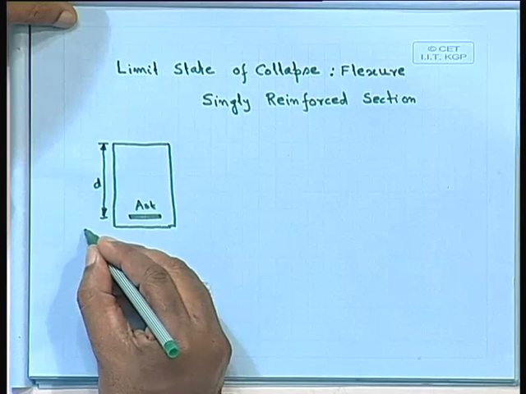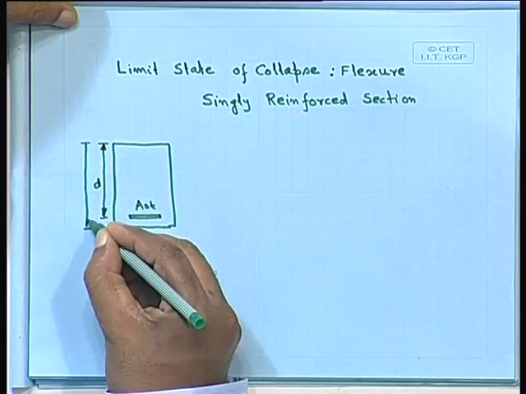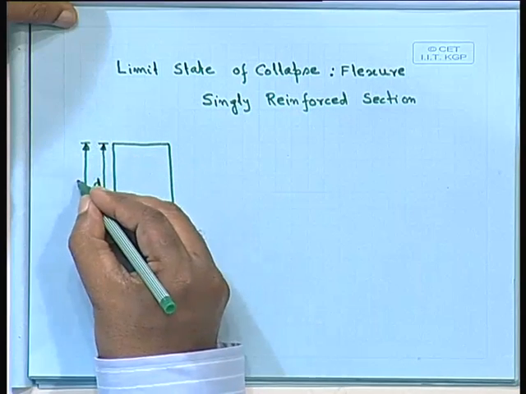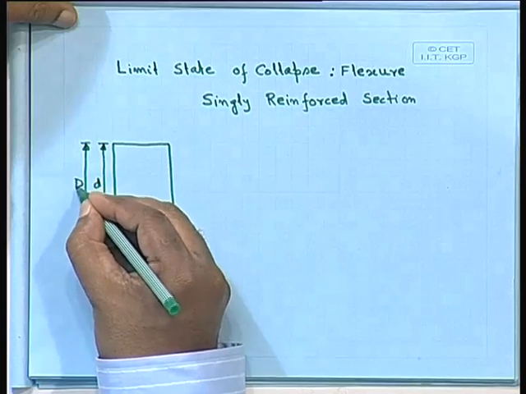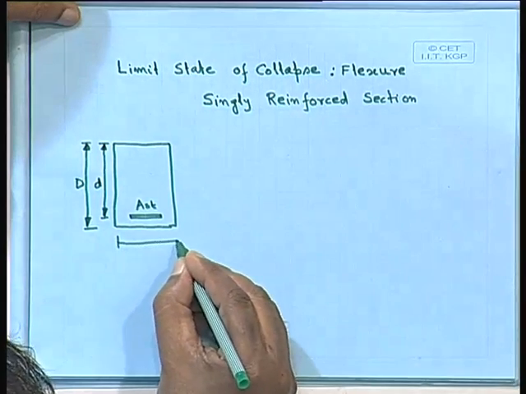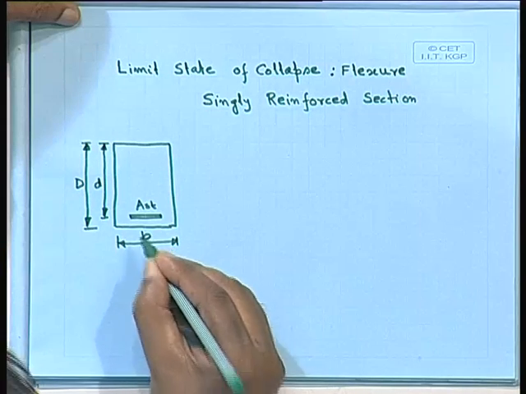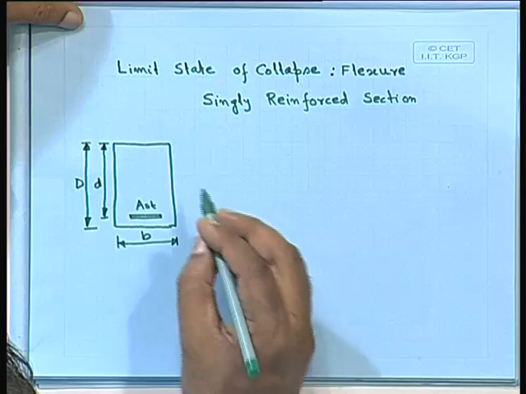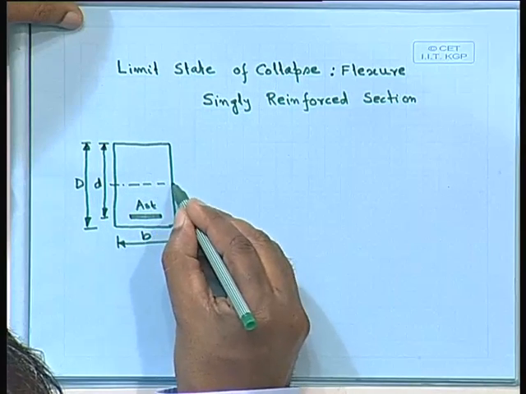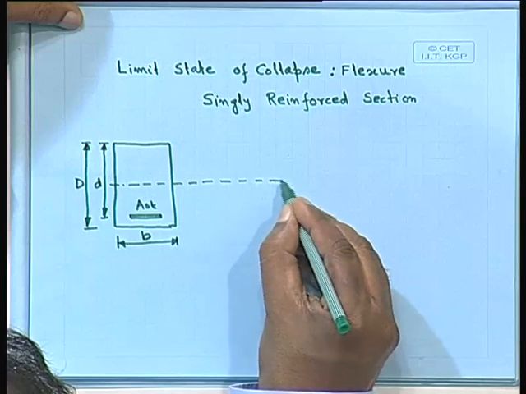Though we do not need it right now, let us write down capital D for completeness. We have the width of the beam, small b, and we should have the neutral axis.